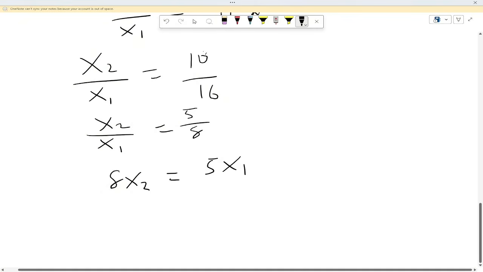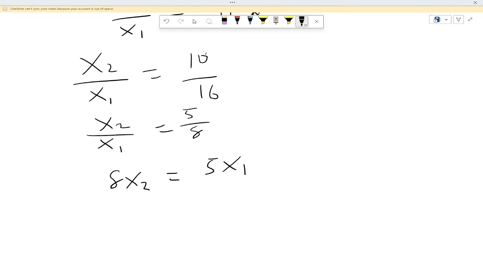Now from this equation you can decide to make x1 the subject of the formula, or you can decide to make x2 the subject of the formula.